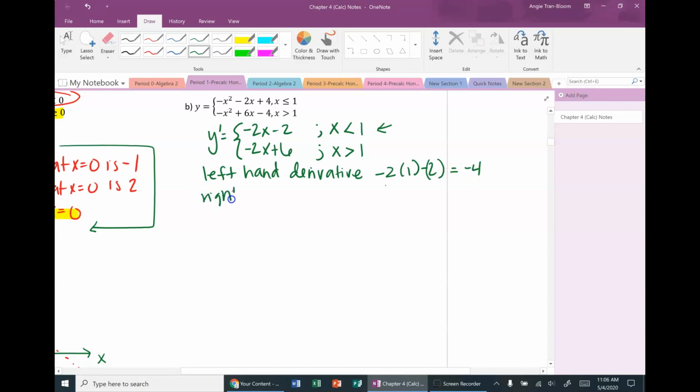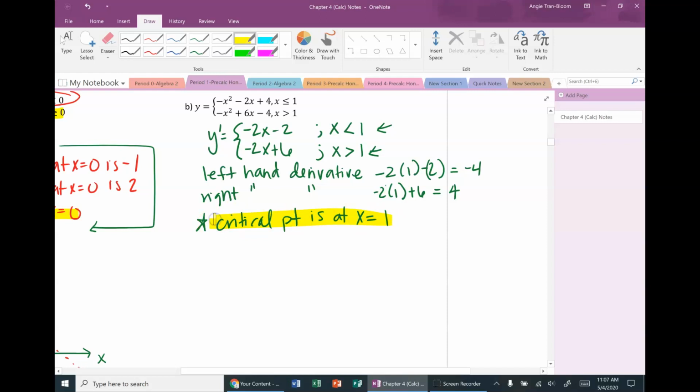And right hand derivative, I'm going to plug into this second piece, is going to be negative 2 times 1 plus 6. That's going to give me positive 4. So as you can see, they exist, but they are not the same. So our first critical point is at x equals 1. That's our first critical point.